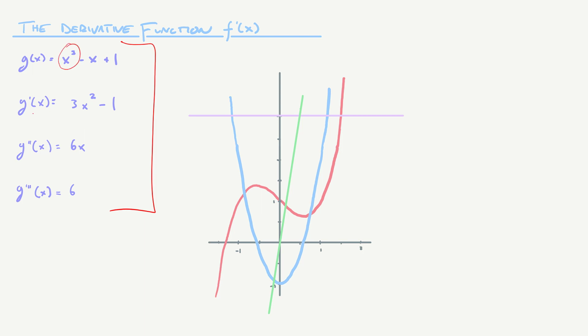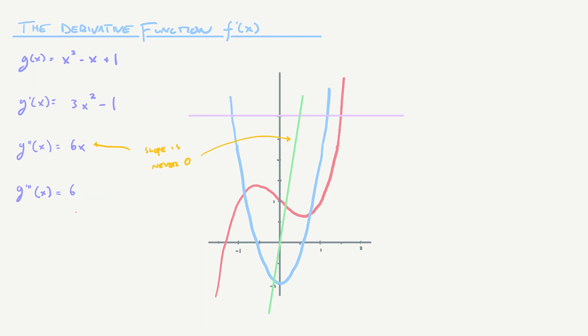The derivative of g was a quadratic. The derivative of g prime, or the second derivative of g, was a linear function, so it's x to the first. And then the third derivative of g was 6x to the 0, which is just 1, so you just get 6. So there is a pattern happening there. This is a relationship that we're going to talk about in a later video, but it is cool to see it here in action.